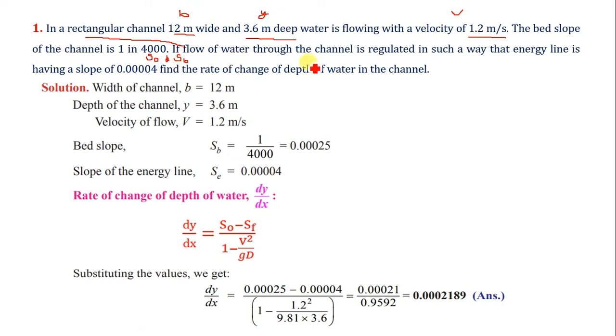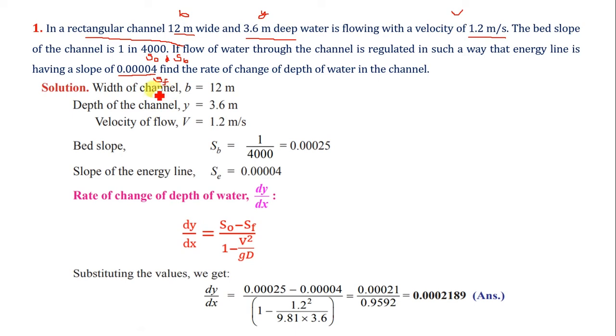Next, if the flow of water through the channel is regulated, controlled, the total energy line is having a slope of 0.0004. So you are controlling the flow in the channel such that the total energy line has this slope.